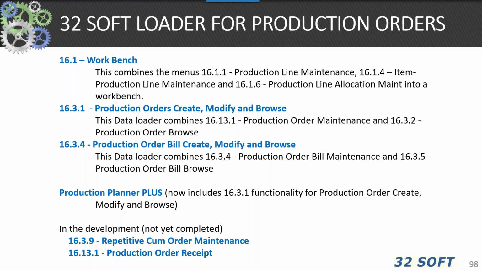There's 16.3.4 production order bill. Olena has incorporated in the new production planner plus the basic 16.13.1 or 16.3.1 functionality, and in development are the new 16.3.9 and the 16.13.1 production order receipt.